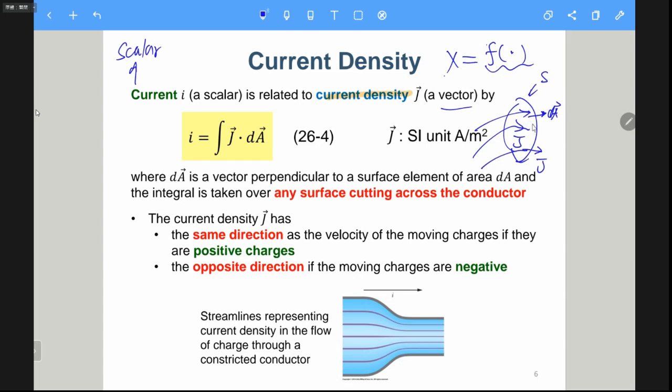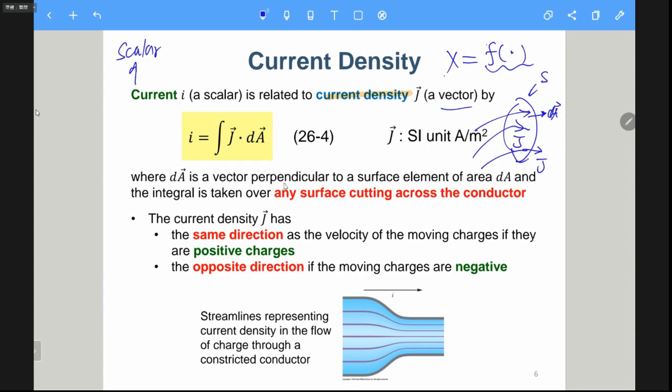Since this is not a closed surface, you can make dA point to this side or the opposite side. It's up to you. If we define dA to point to the right, then if I is positive, the current is going to the right, and vice versa.